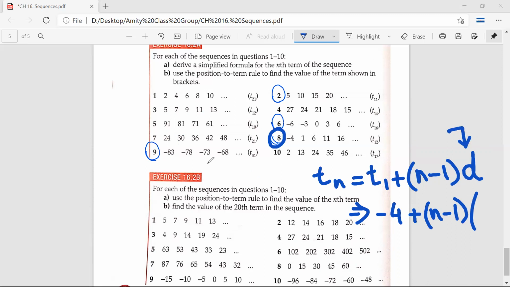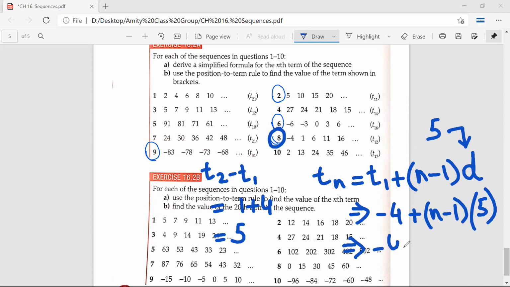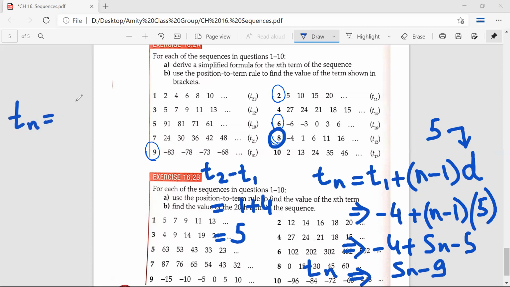D is 5. So minus 4 plus 5n minus 5. Is there any doubt? No, sir. So my Tn is 5n minus 9.